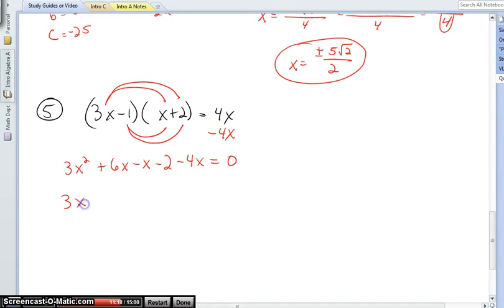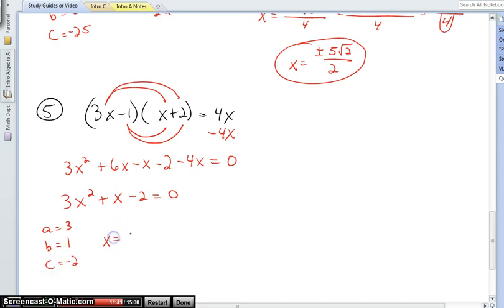Combine like terms, make sure they're in the right order. So I've got 6x minus x gives me 5x. Subtract another 4x, gives me just a plus x, minus 2 equals 0. So now I've got a is 3, b is 1, c is negative 2.